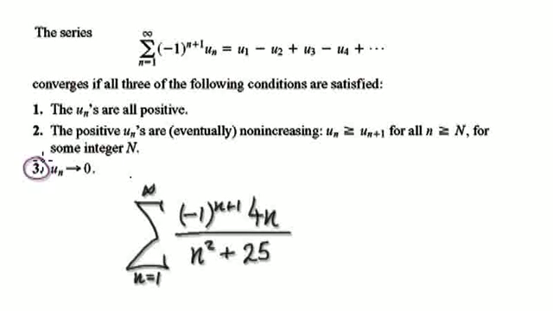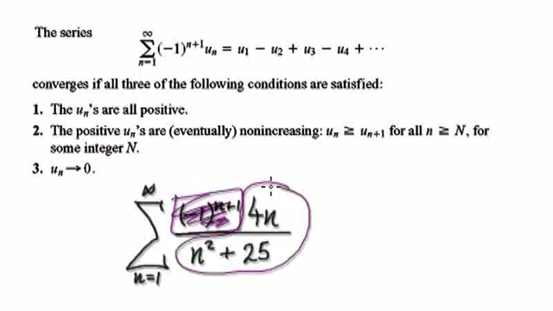Okay, so to do this, we need to make sure that all three conditions are satisfied. We should check that the limit of un as n tends to infinity will head towards 0. So we need to isolate the un and ignore the rest.